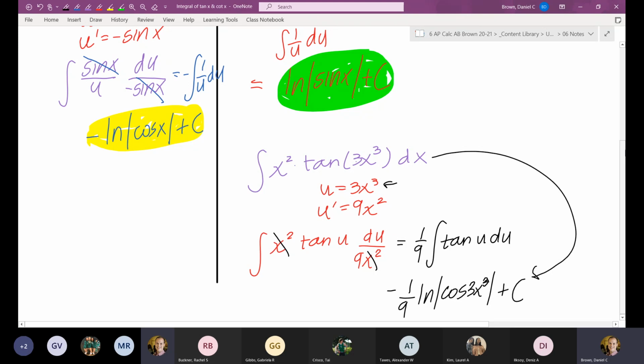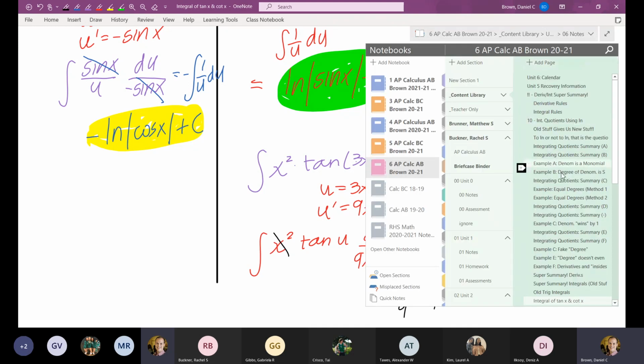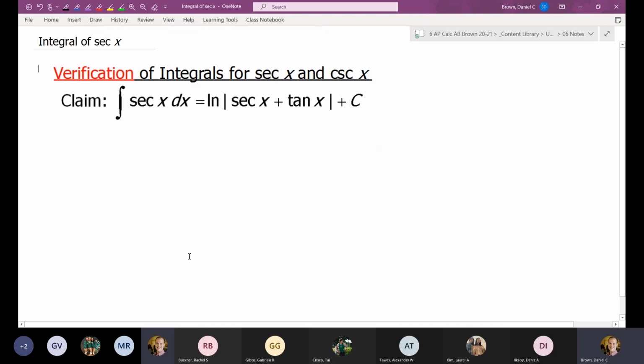Last two rules that we're going to learn today are for cosecant and secant. These are really hard to figure out where they come from. Not really hard, it's just obnoxiously difficult to figure out where they come from. So I'm just going to tell you what it is. The first rule you're going to add to your memory is the secant rule.